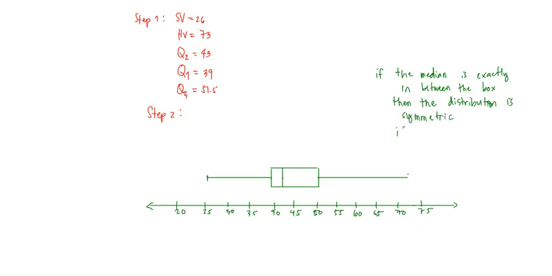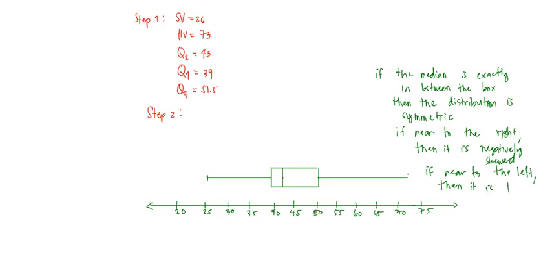If near to the right, then it is negatively skewed. If near to the left, then it is positively skewed. Yan.